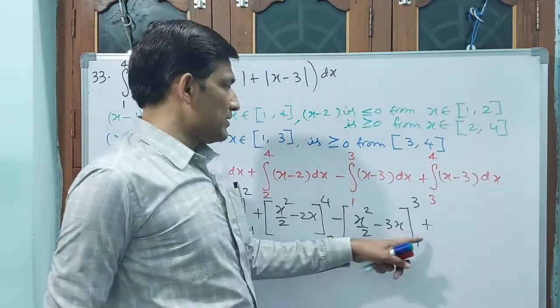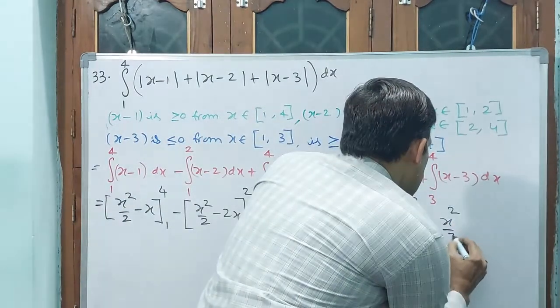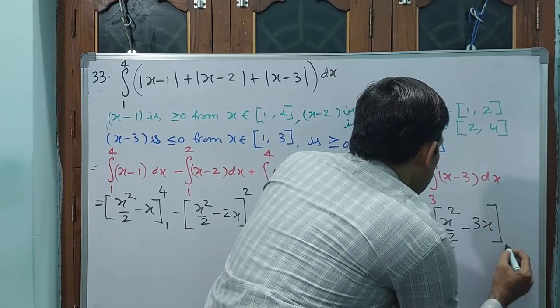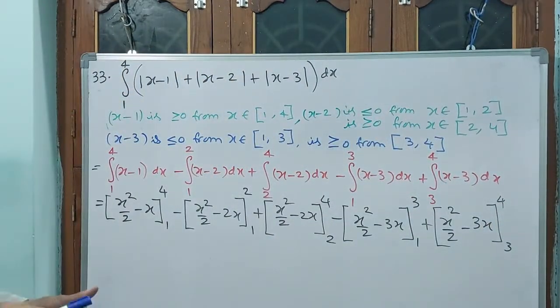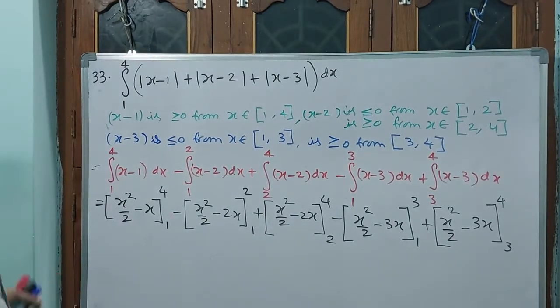You see, this is minus, this is plus. Again x square by 2 minus 3x, but now these limits are from 3 to 4. Proceed further.